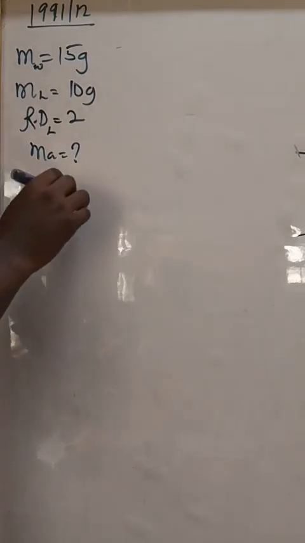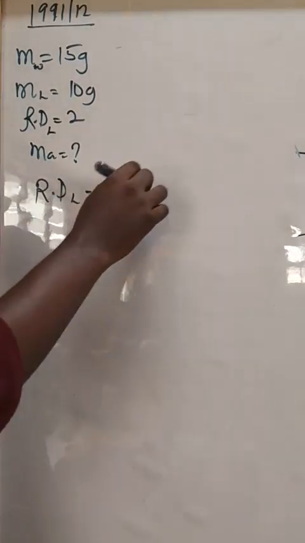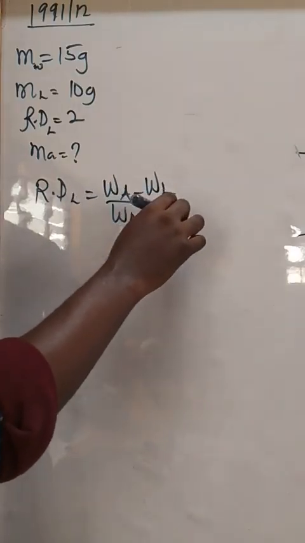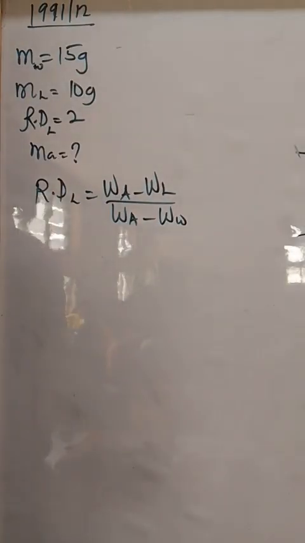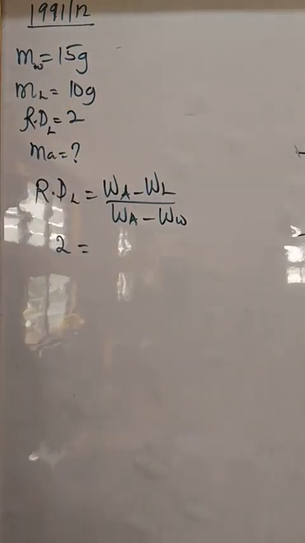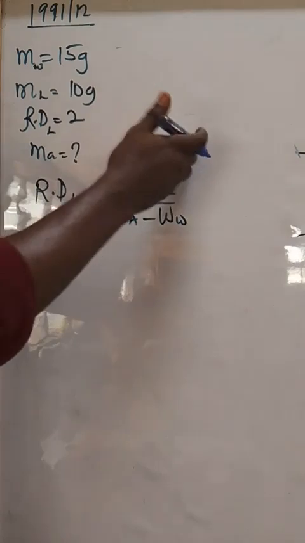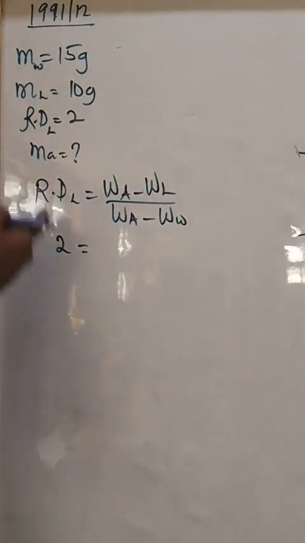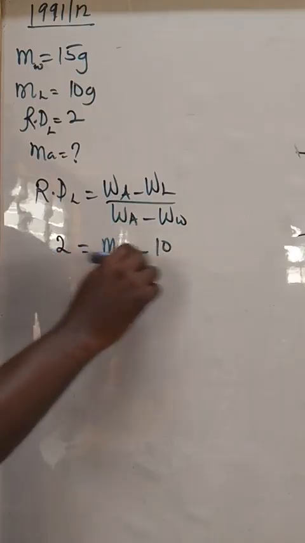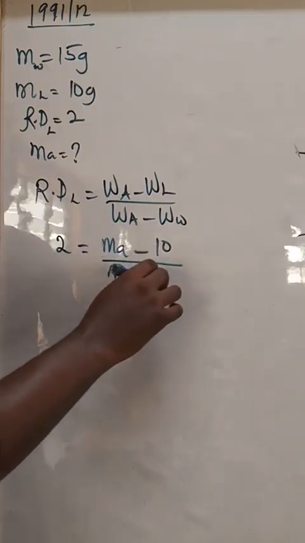Relative density of a liquid equals weight in air minus weight in liquid, over weight in air minus weight in water. This time around, what was the RD? 2. Each time using weight, we can also use mass because g will cancel. So what's weight in air? That's mass in air. We are looking for it. Weight in liquid is 10. Weight in water is 15.